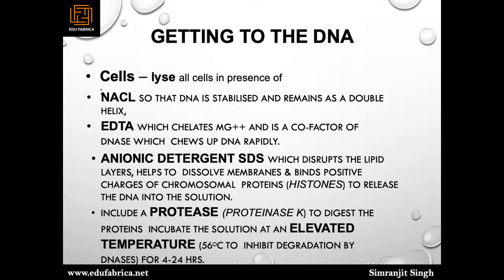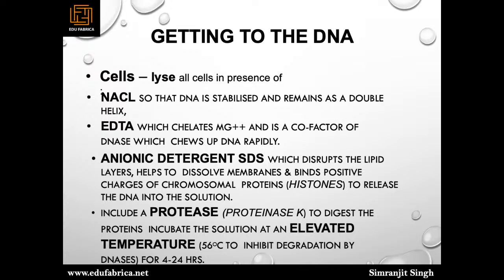Then, how do you get the DNA? You first lyse the cells, then you add NaCl so that DNA is stabilized and remains as a double helix. And we add EDTA, which chelates magnesium ions, a cofactor of DNases, which chew up the DNA rapidly. We also add an anionic detergent, SDS, which disrupts the lipid layers, helps dissolve the membrane, and binds positive charges of chromosomal proteins to release the DNA into the solution, so that our DNA can be removed from your histone proteins.